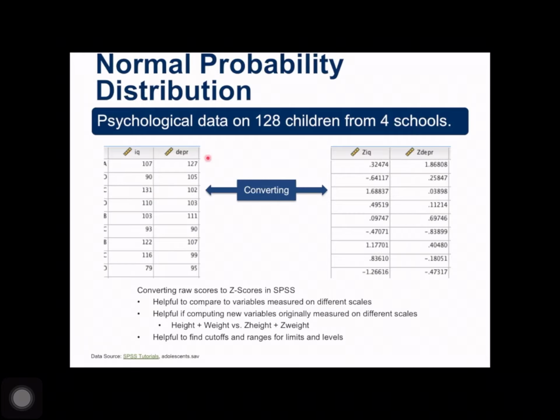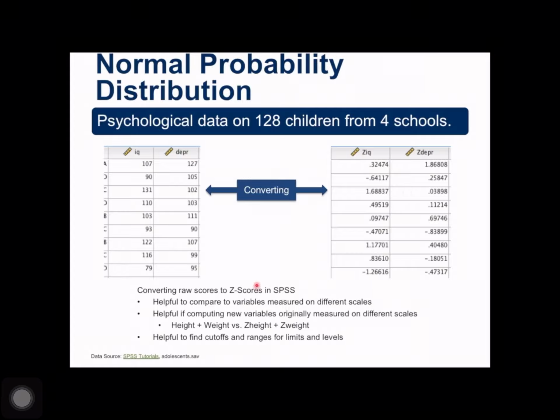Now, the other reason why you might want to do that is there could be some point where you want to compare two variables. In this case, I have IQ score and I have depression, but I don't know a lot about the way depression has been measured. So in this case, if I go ahead and convert the depression scores into z-scores, they become interpretable on the same scale.